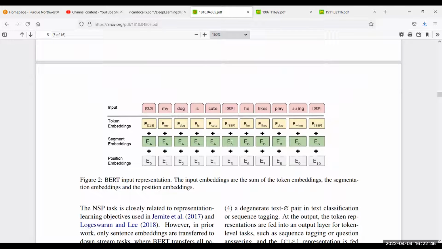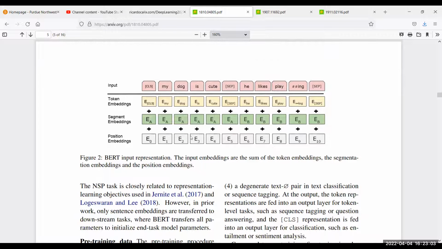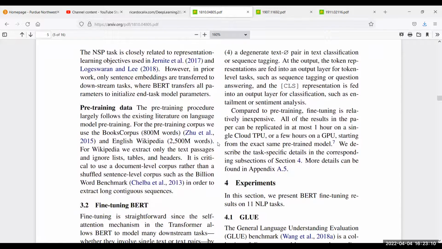It marks the first sentence as A, and the second sentence as B. And then it's got positional embeddings, which basically tells you the sequence, right? So "my" is 1, "dog" is 2, "is" is 3, and there are several functions that are used to capture this information. But it does capture sequence, just like RNNs capture sequence, just the way it does it is different.